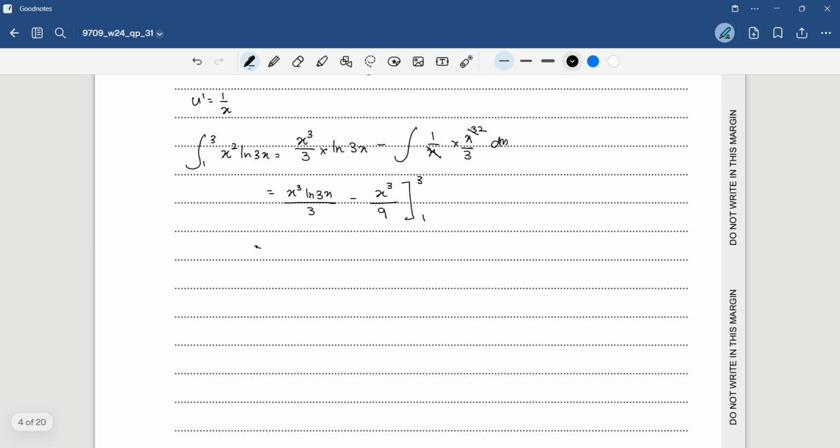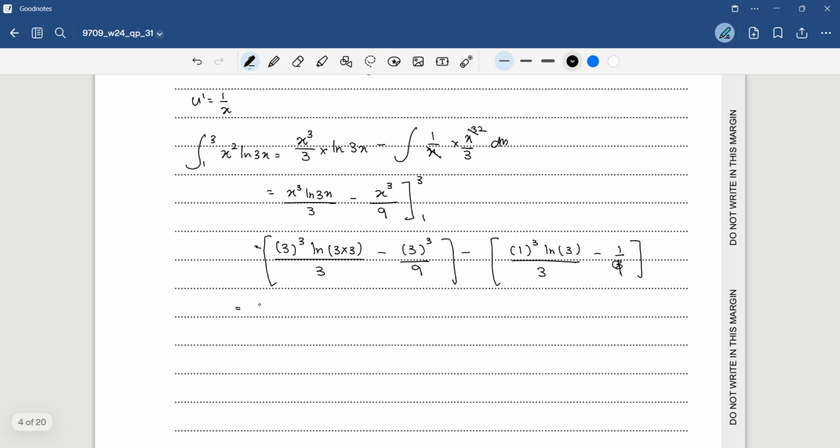So sub in. So 3 cubed ln 3 times 3 over 3 minus 3 cubed over 9, minus 1 cubed ln 3 times 1, which is 3, over 3 minus 1 over 9, sorry.